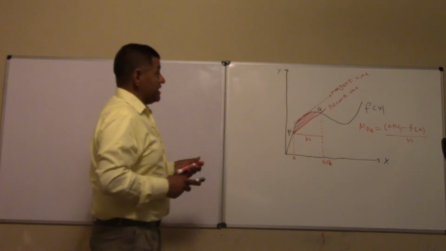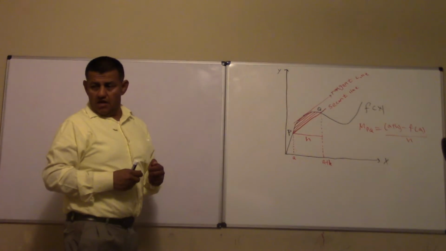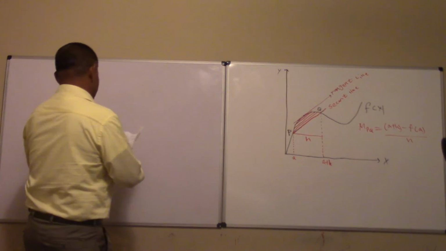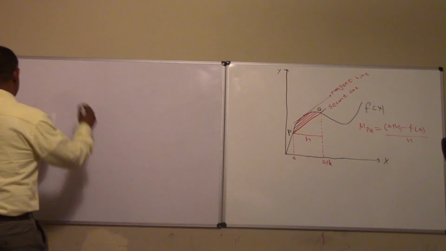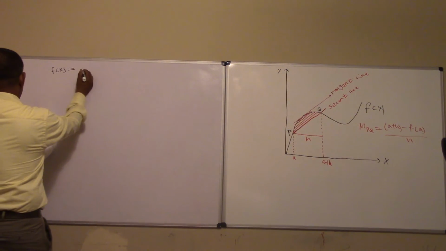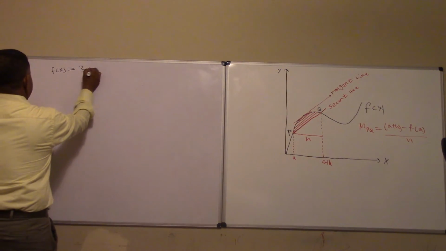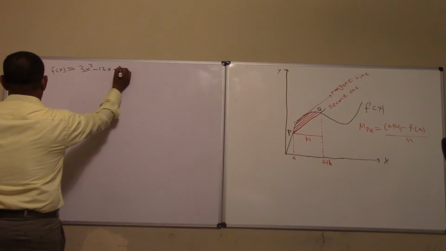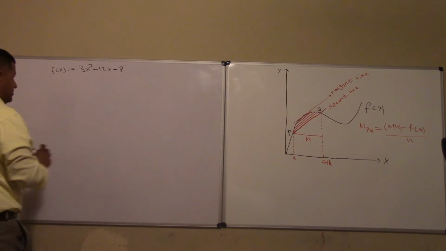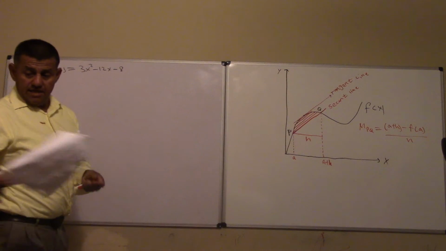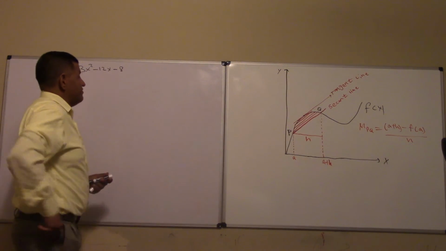Now, let's do an example using this. So let's do this quick example. Let's do f of x equal 3x squared minus 12x minus 8. And let's use this definition of the derivative.